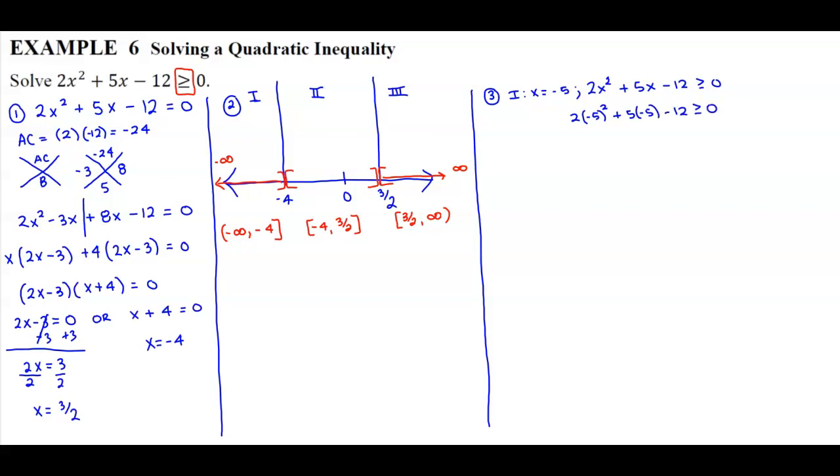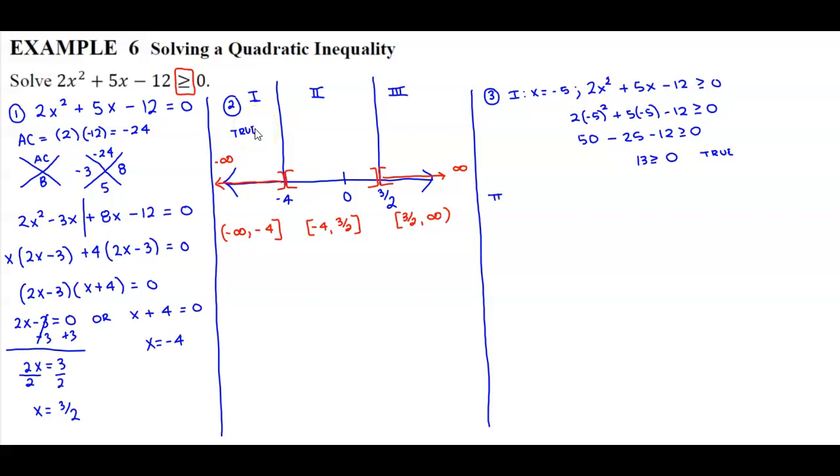Negative 5 squared is 25, and 25 times 2 is 50. So that's 50 minus 25, and then minus 12. So this becomes 25 minus 12, which is 13. And 13 is greater than or equal to 0. So therefore it is true for region 1.